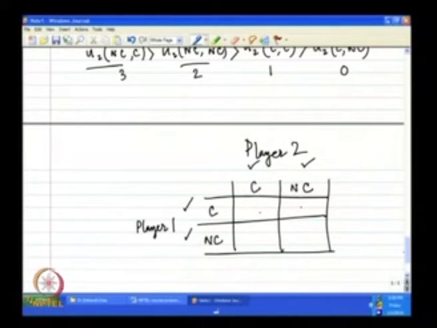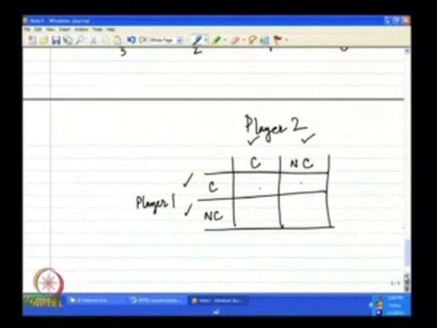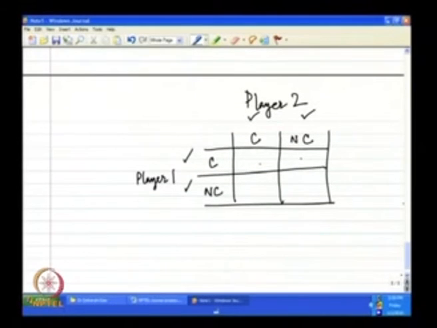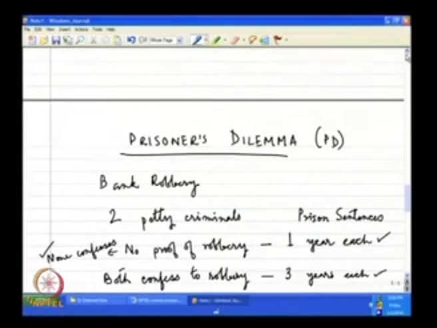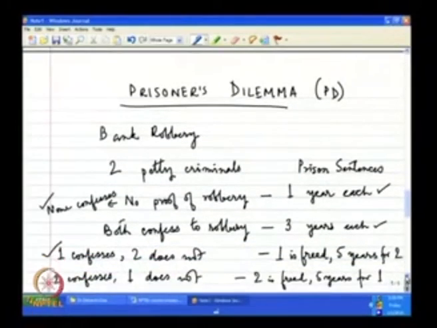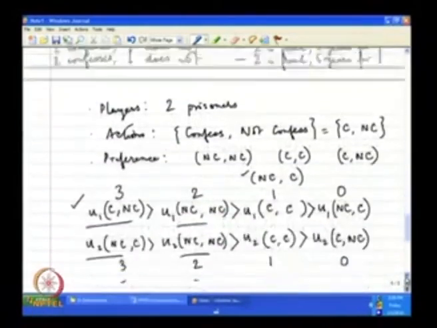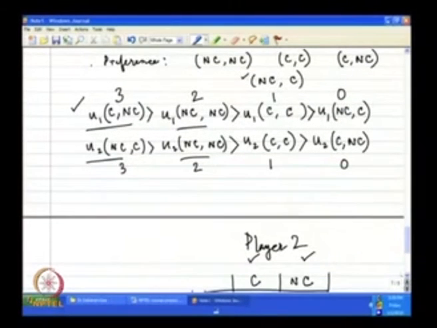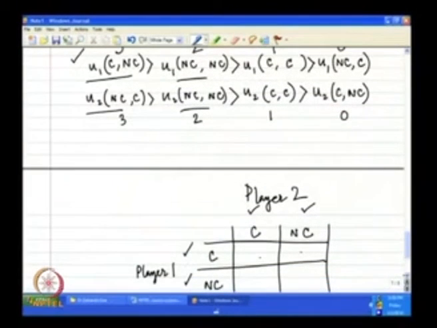Now, what we are going to write in each of these 4 cells is the payoffs that the players are getting. If you remember the numbers that I have imagined for these payoff functions, if CC is the action profile, the first player gets 3.